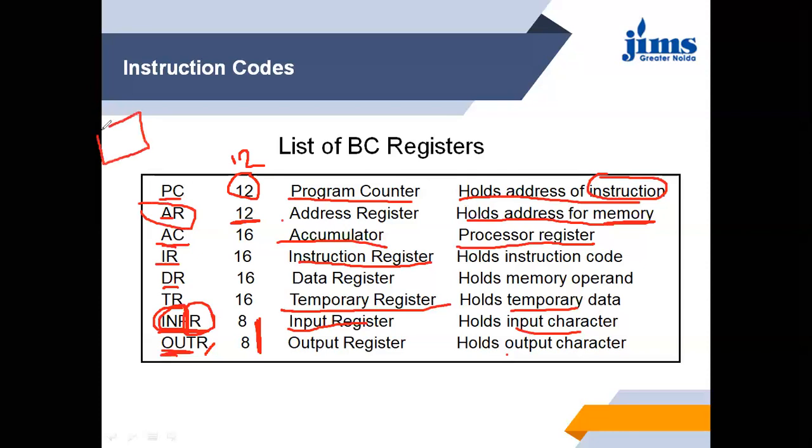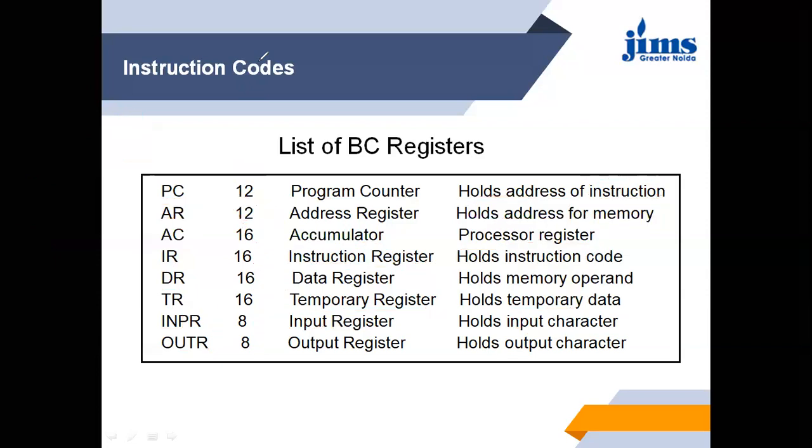The size of the address register is 12 bits. We discussed that to represent the complete memory, we need 2 raised to the power 12, meaning 12 bits. This is the reason the address register is 12 bits. All other registers, that is the accumulator, where the operations are performed, the instruction register, data register, and temporary register, are 16 bits each.